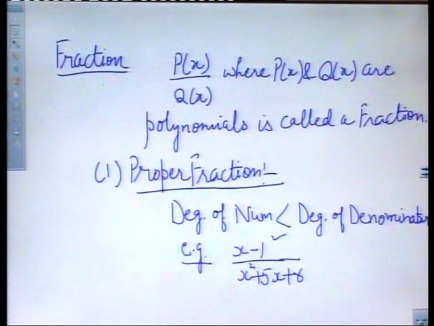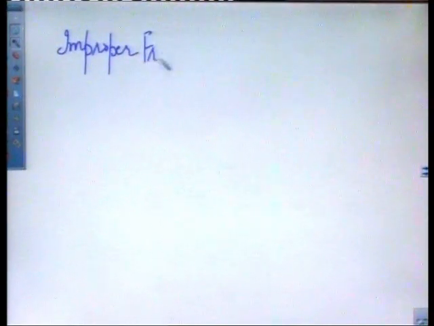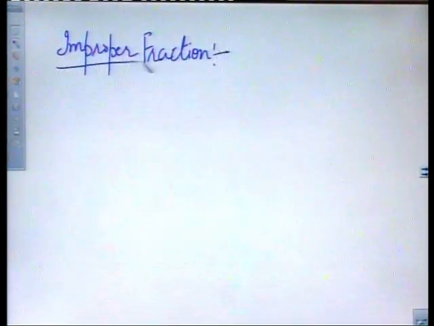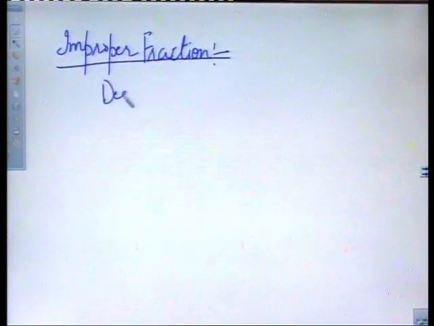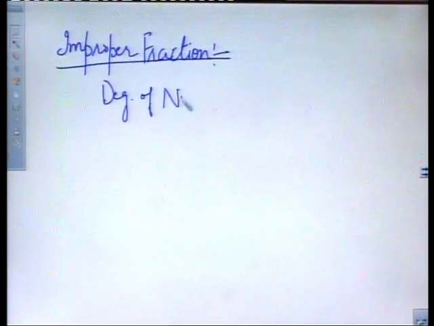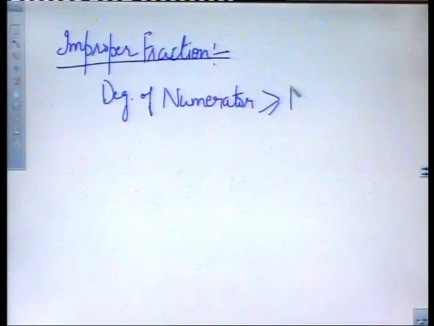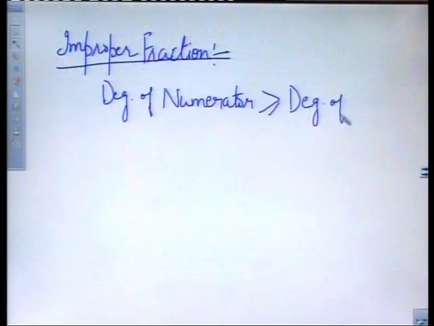Therefore, this fraction is a proper fraction. Now, the second type of fraction is the improper fraction. When the degree of the numerator is greater than or equal to the degree of the denominator, then we say that the given fraction is an improper fraction.